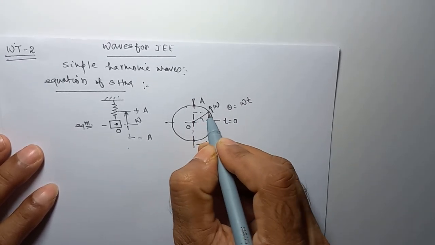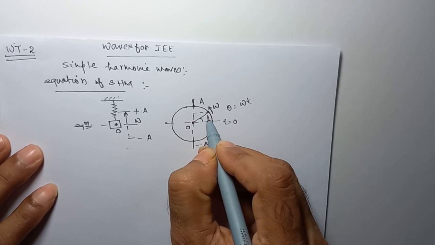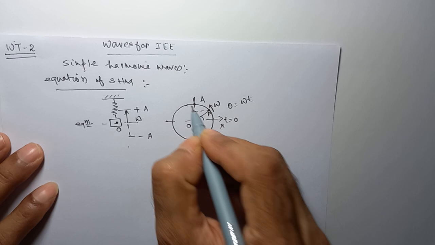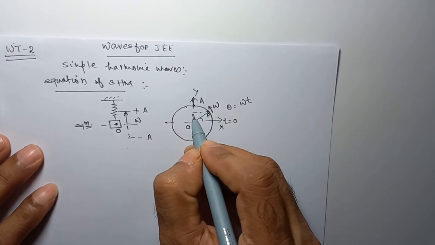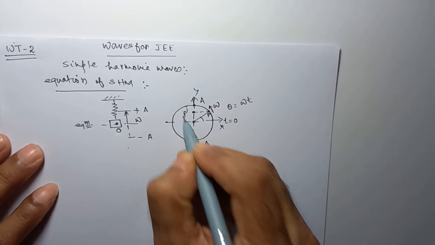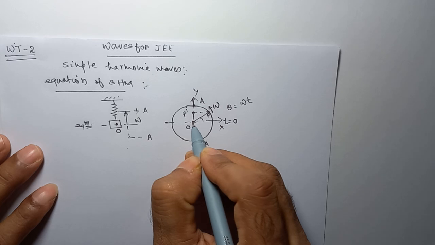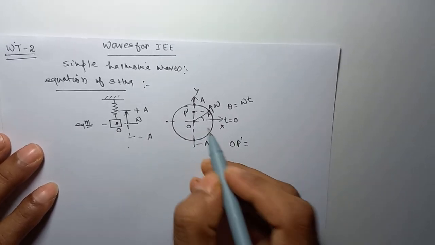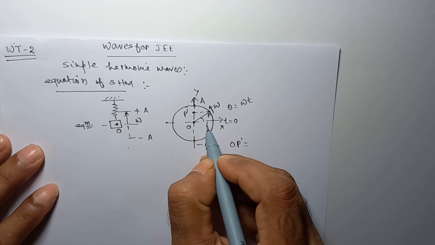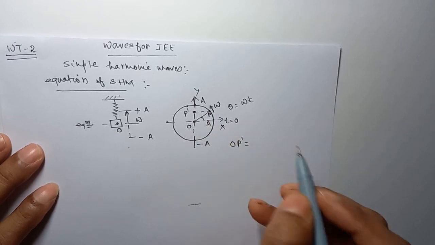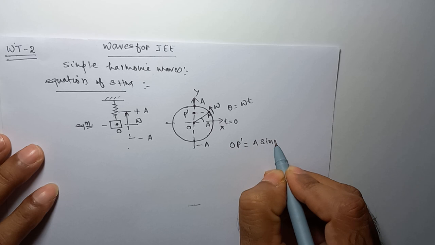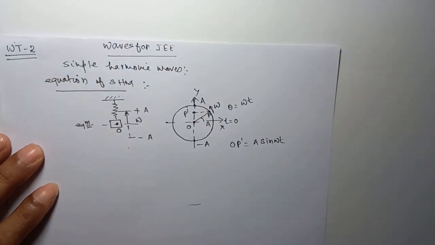So for its equation, if I take the projection of point P, say this is the x-axis and this is the y-axis. Projection on the y-axis, say P dash, then we get OP dash equal to, say amplitude is A, meaning the radius of this circle is A. This will be A sine omega t.